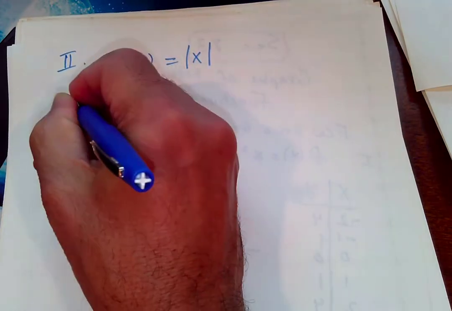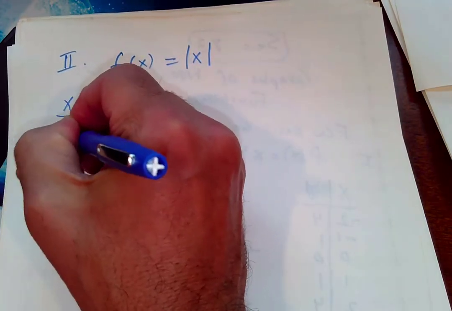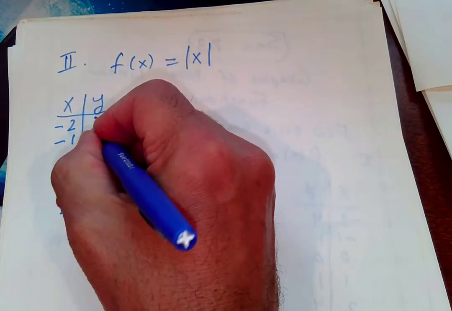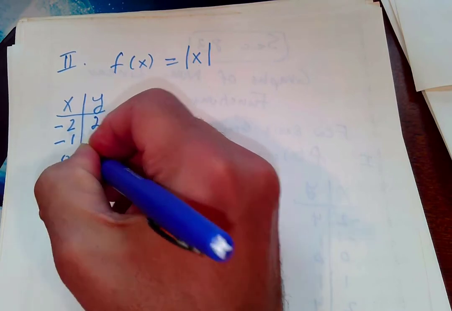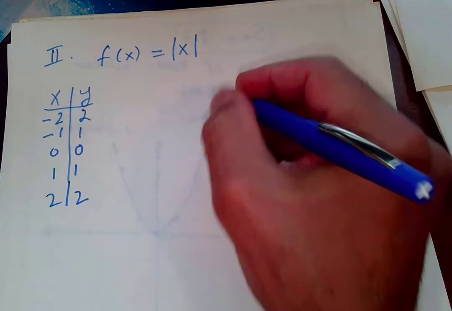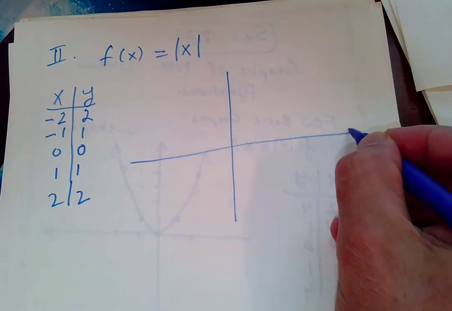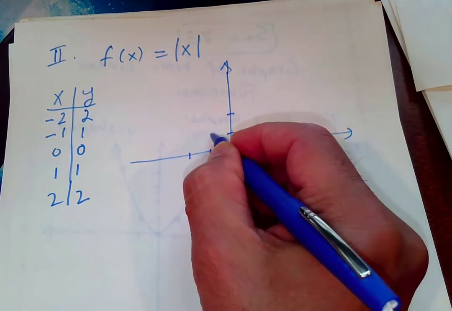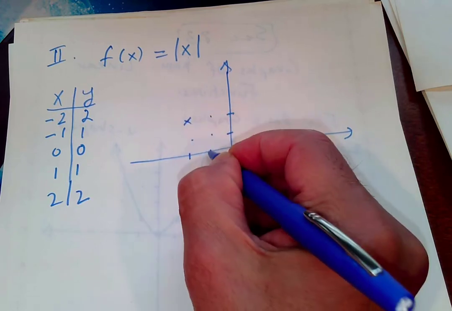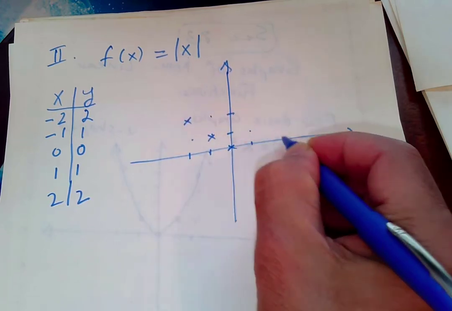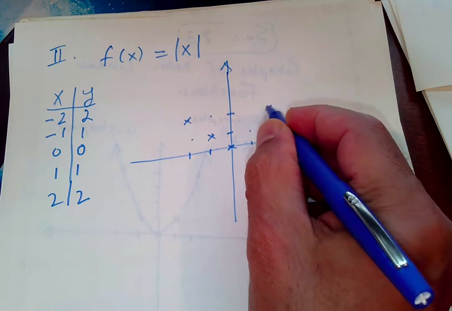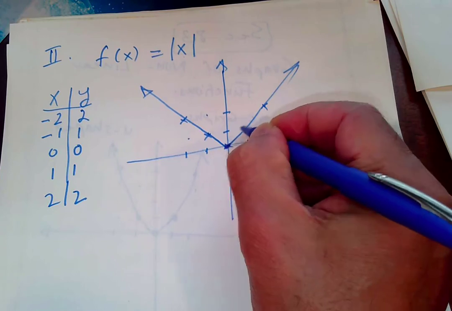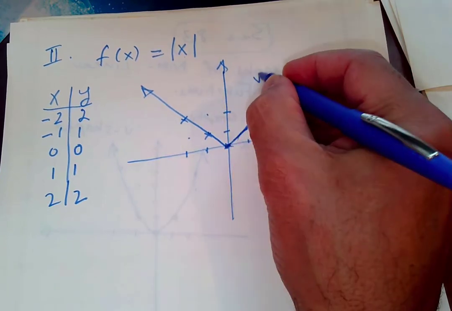Again, if we plug in the same x values, we get absolute value of -2, absolute value of -1, and then we plot these points on the rectangular system of coordinates: -2, 2; -1, 1; 0, 0; 1, 1; and then 2, 2. And you can see it's V-shaped. It doesn't curve. It has a sharp edge at the origin.